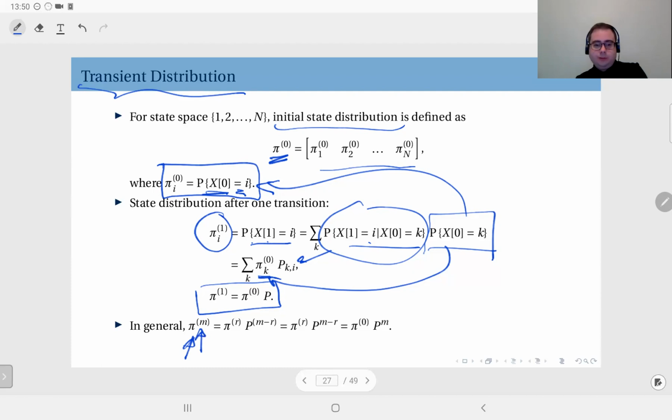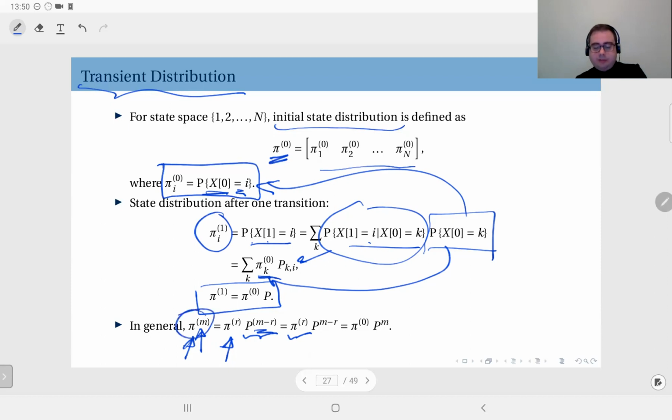Again, similar to Chapman-Kolmogorov, you can write this as the distribution at r times the (m minus r)-step transition probability matrix. Or, well, since we know this is equal to P times P to the power m minus r, and this again can be recursively expressed in terms of the initial state distribution, pi 0.